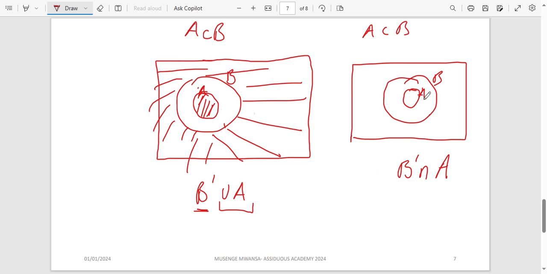So for this one, the answer is itself. There's nothing outside B that is in A. So for such a diagram, it is just itself. There's nothing to do to it.